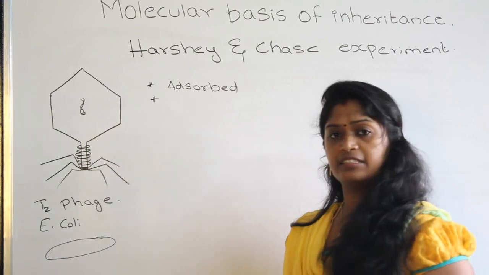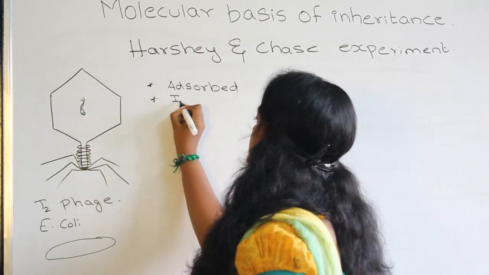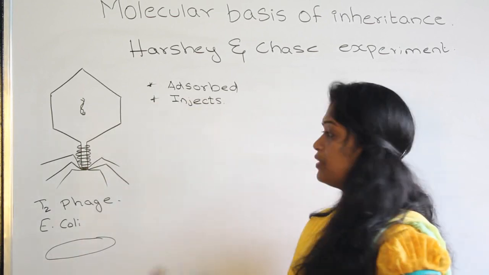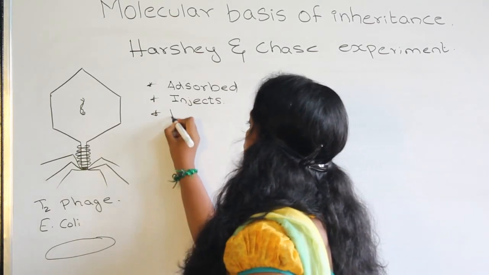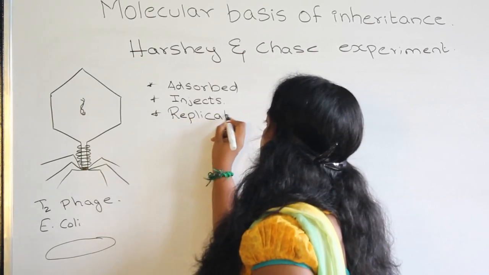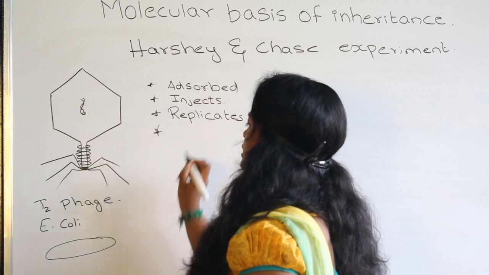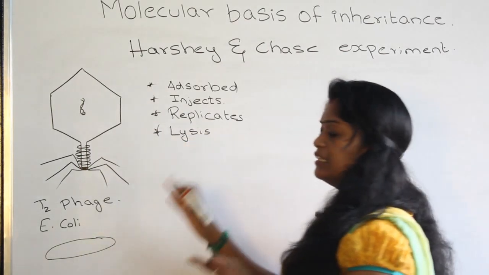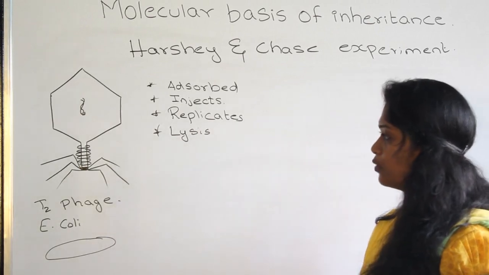In the second step, it injects its DNA. In the third step, the injected DNA replicates. In the fourth step, the bacteria undergo lysis and the T2 phage is released.